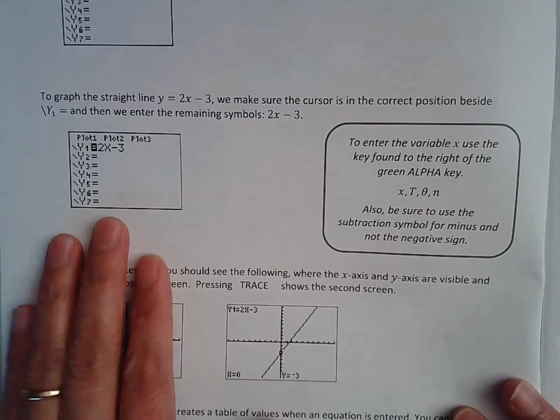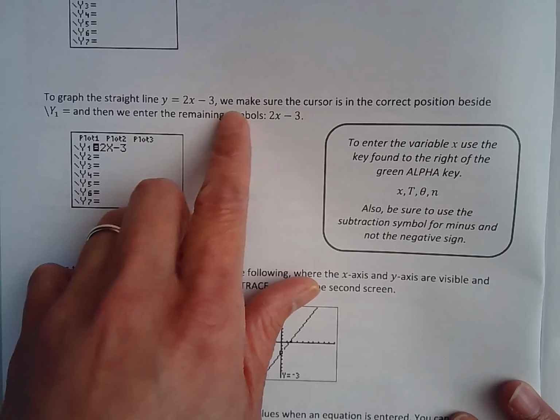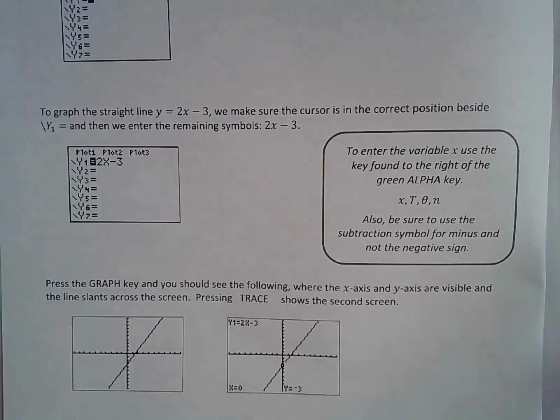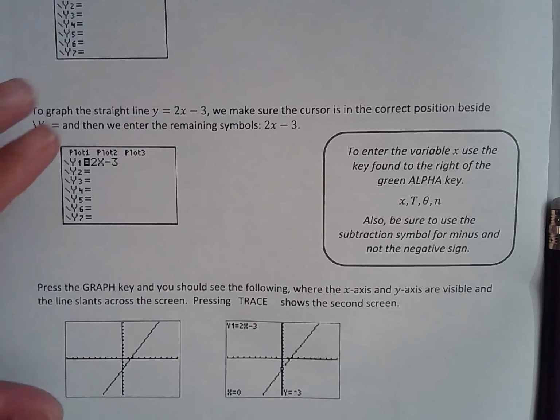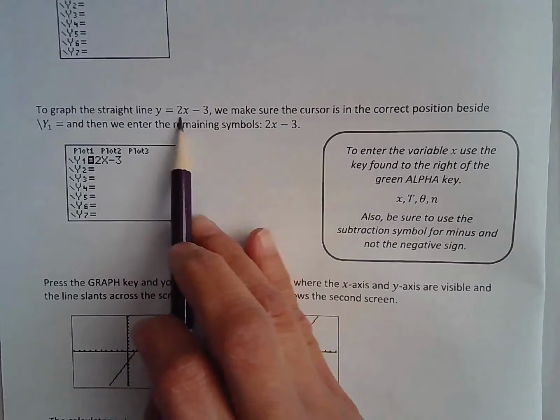It says here, to graph 2x minus 3, we make sure that the cursor is in the correct position. I'll show you how to do that maybe tomorrow on the calculator, but I want us to get in touch with these parts first. You're given the equation, and then we can create a graph.